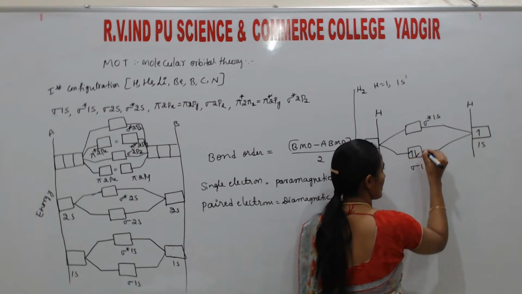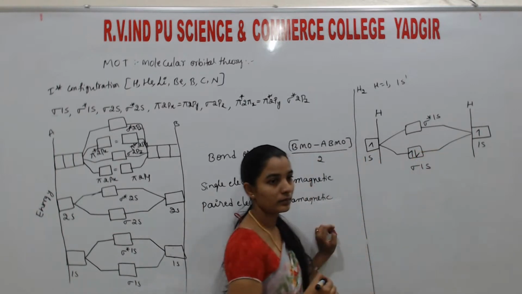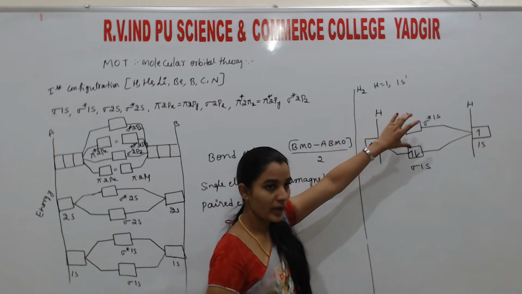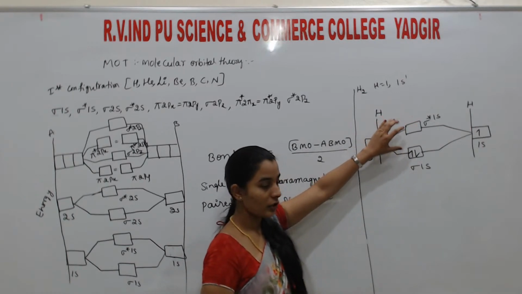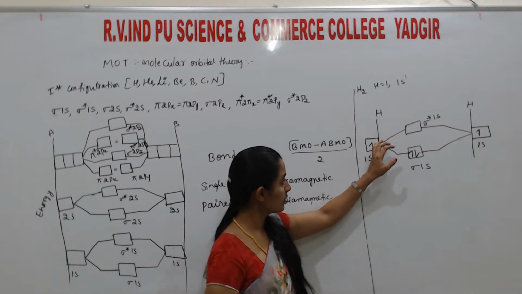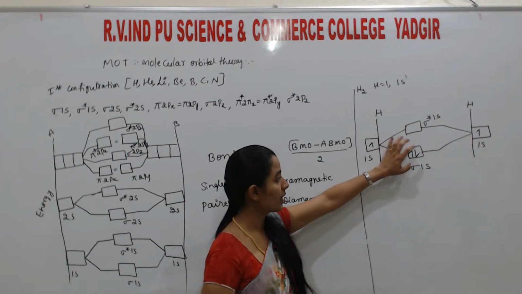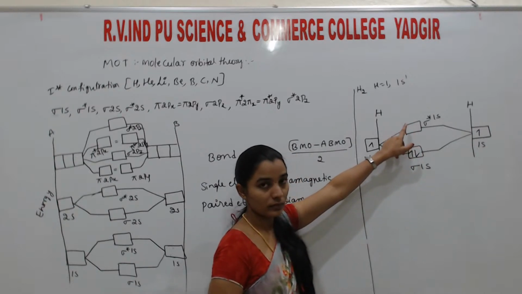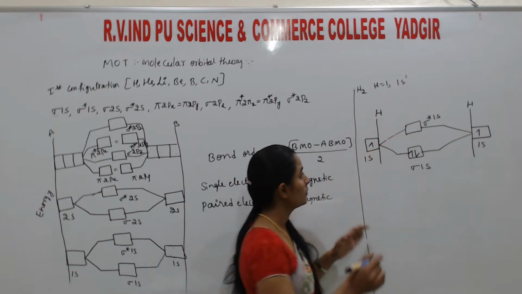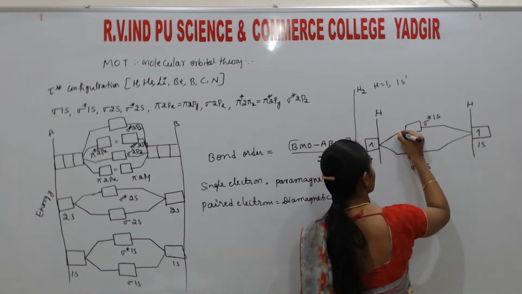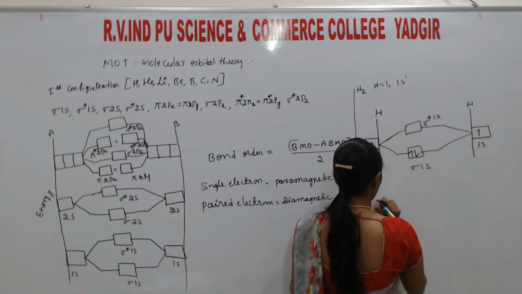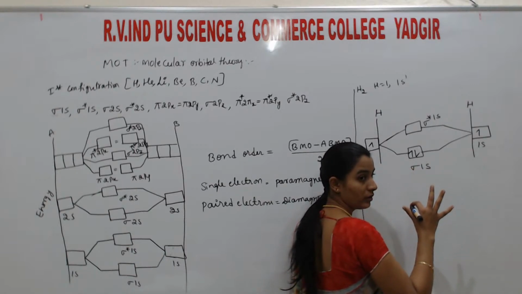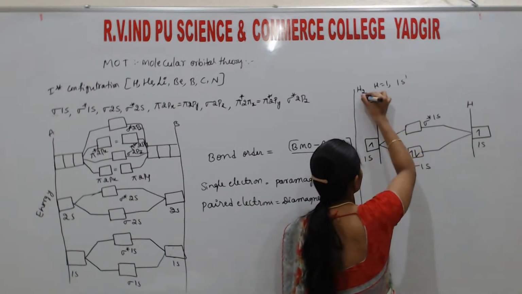Next, this one is also paired up. If in case 3 electrons are there, 1, 2, 3. Are you getting it? So now, this is the molecular orbital diagram for the hydrogen molecule, H2 molecule.